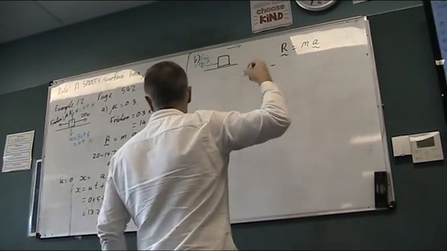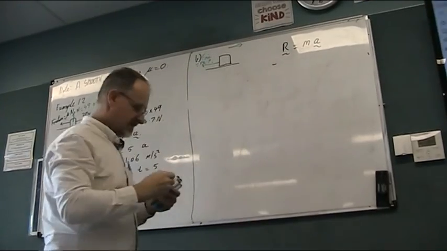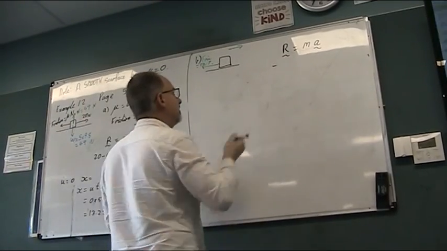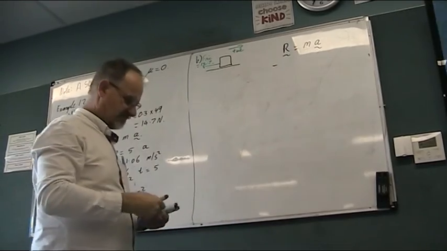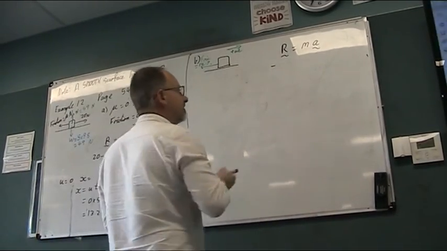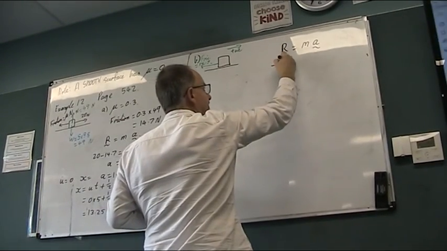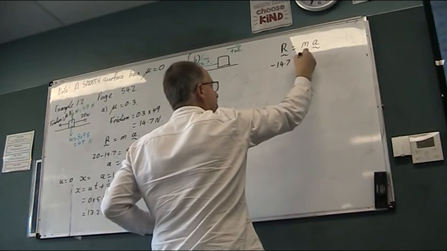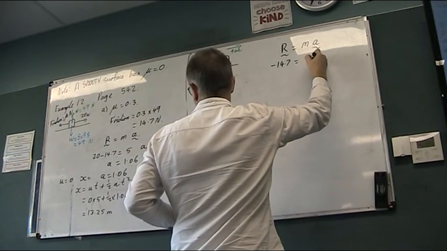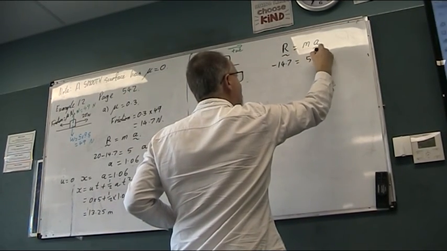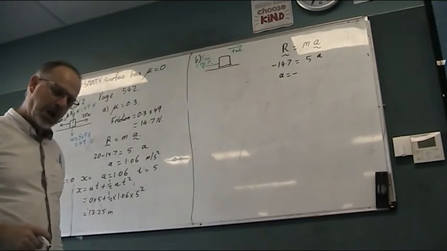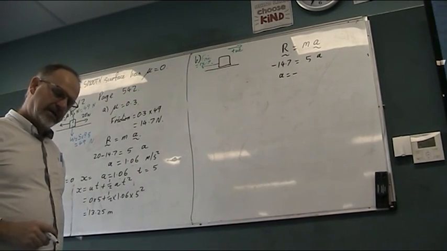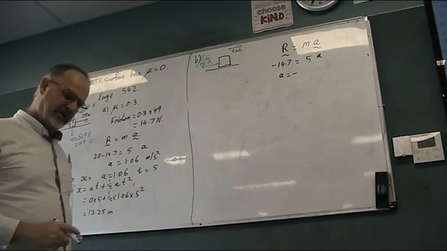I'm going to say this way is positive, and that's the way it's moving. So my resultant force is just the friction in the opposite direction. The mass hasn't changed, it's still 5 kilos, and so my acceleration is negative 2.9.